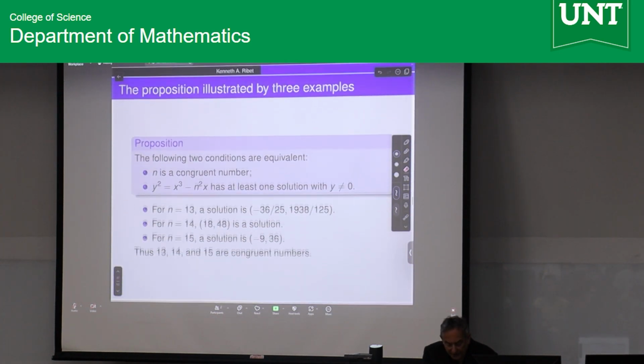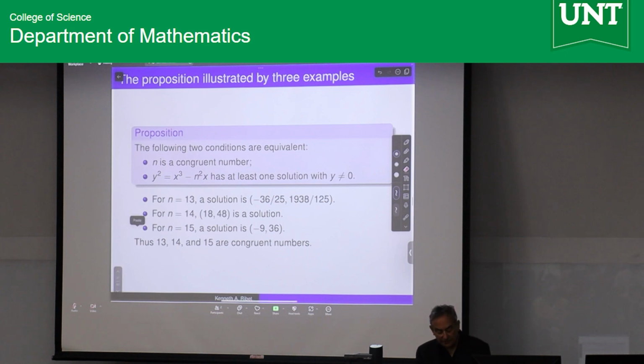It's good to illustrate propositions by numerical examples, which I do on this slide. For example, 13, 14, and 15, that's a run of 3 that we saw on the table from OEIS. All 3 of those numbers are congruent numbers, and you can find out that they are by exhibiting solutions to the cubic equations.